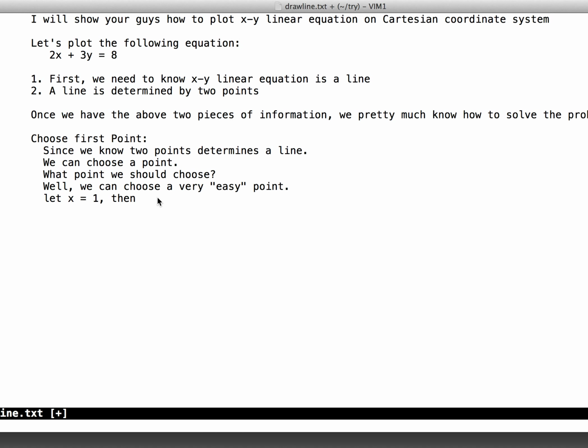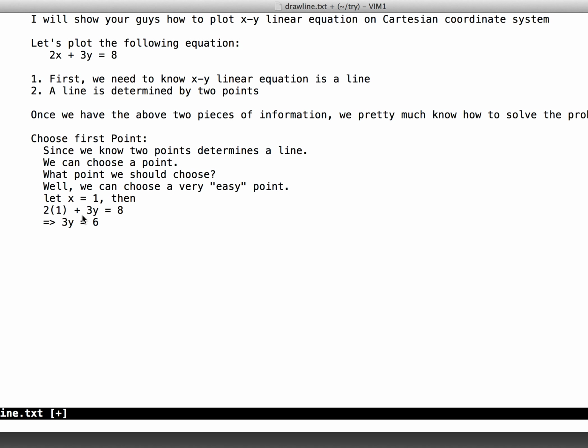If we choose x equal to 1, then we can solve this equation. We have 2 multiplied by 1 plus 3y equals 12, because x is equal to 1. This equation is pretty easy to solve.